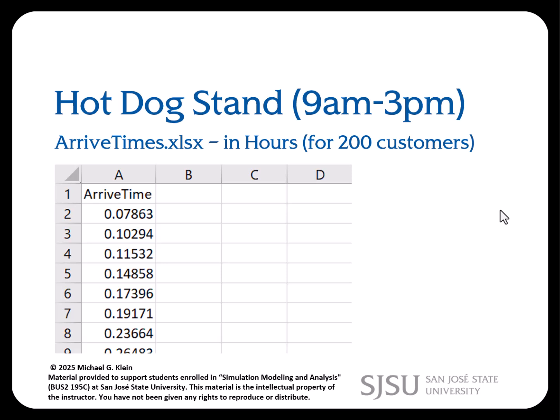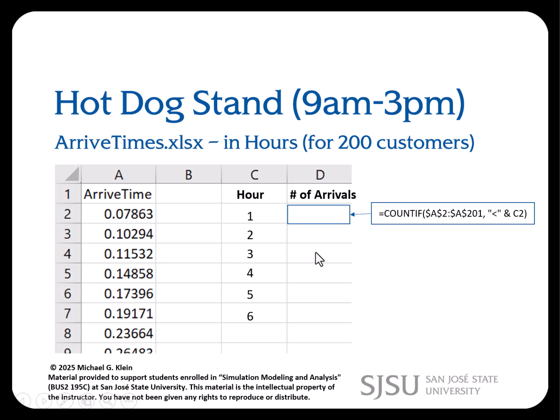For the number of arrivals in the first hour, we can determine this using the COUNTIF formula. We just need to do a COUNTIF of the values in column A and check to see if it is less than the value in C2, which is 1.